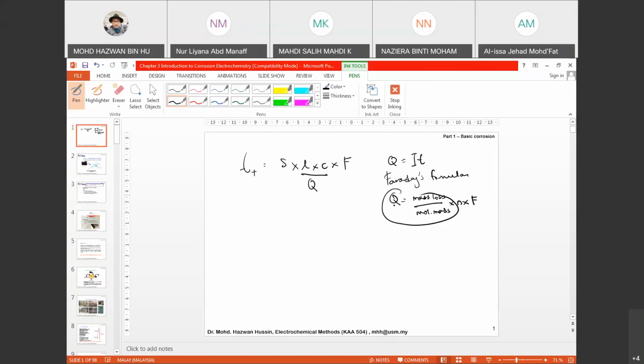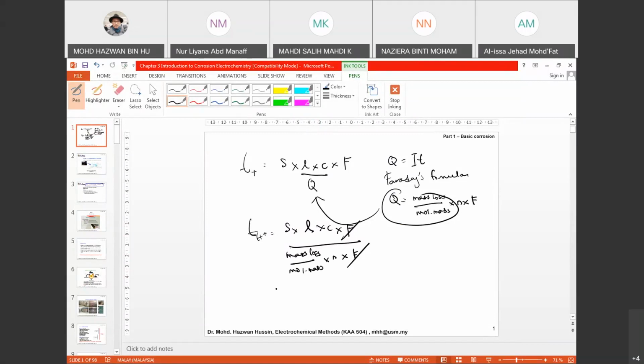So if I substitute this into this, what you should get is that TH plus is equal to S multiplied with L multiplied with C multiplied with F over mass loss over molecular mass multiplied with valency multiplied with Faraday constant, cancel off, okay?